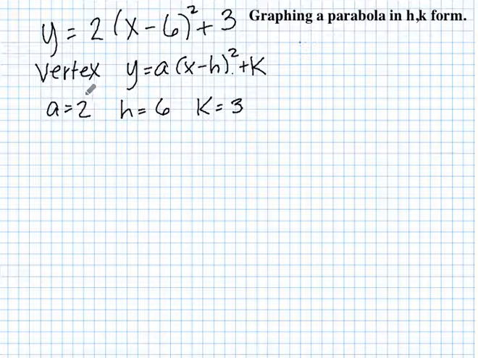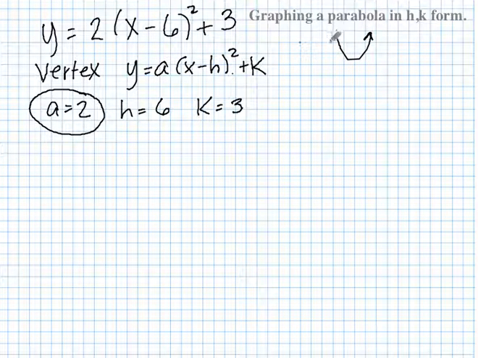Now 2 is really only used to help us to determine whether the parabola opens up or down. In this case, A is positive, so my parabola will be opening up, which means that I will be having a minimum Y value located at 3.